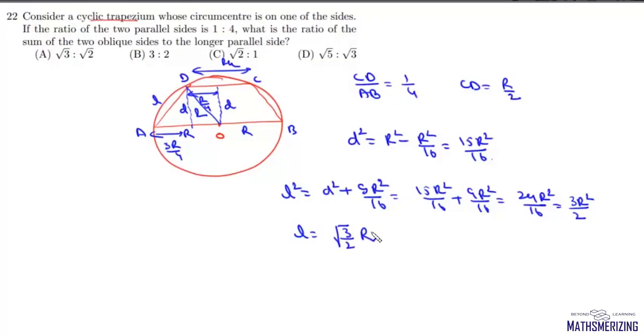Now it says we need to find ratio of sum of two oblique sides to the longer parallel side. So that means we need to find AD plus BC upon AB. Now AD plus BC is 2L and AB is simply 2R. So we just need to find the value of L upon R, which is nothing but under root 3 by 2, and that's your option A.